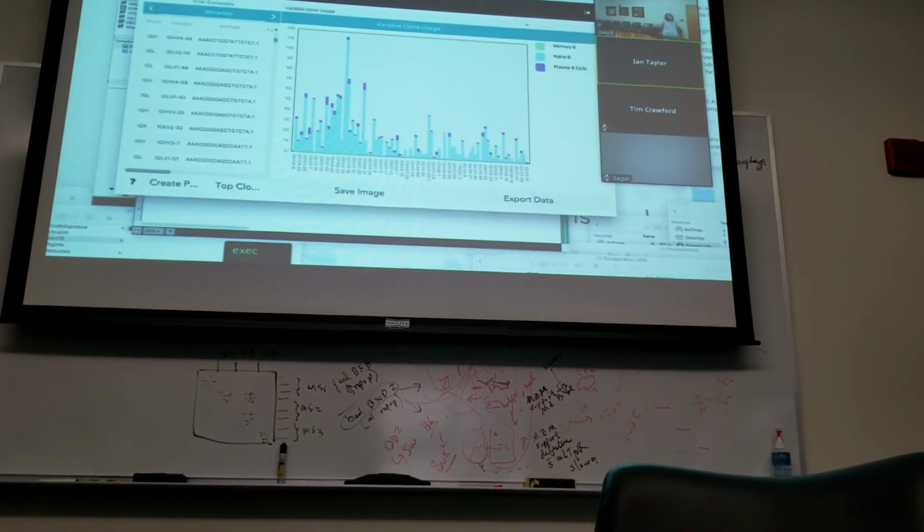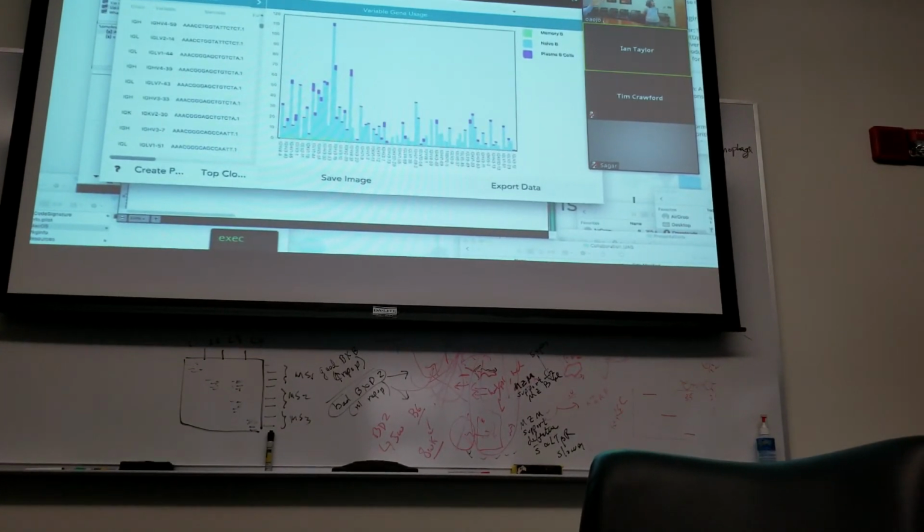Is the data anywhere other than on this image chart? Are the ratios actually somewhere? I mean, it must be somewhere. Right, but it's not accessible as far as I can tell. You're looking for the exact number of plasma with this gene. Yes, right.